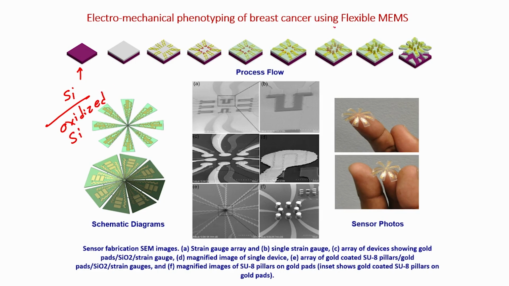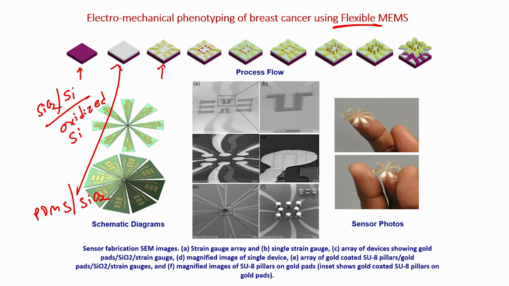If I want to have flexible MEMS, then this layer can be PDMS, a silicone, flexible, it is a polymer, PDMS on the oxidized silicon.